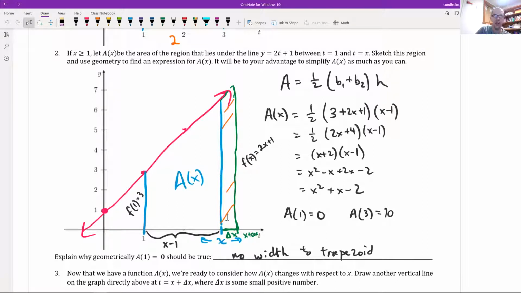The stuff that I'm starting to shade in orange is, well, actually here, this whole area will be A of X plus delta X minus A of X. That delta is horrible. But yeah, it's just subtracting the two area functions so you get the difference between the two areas.